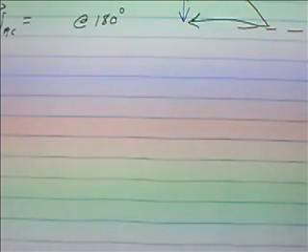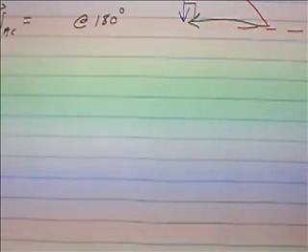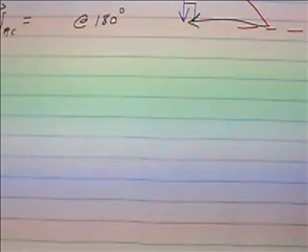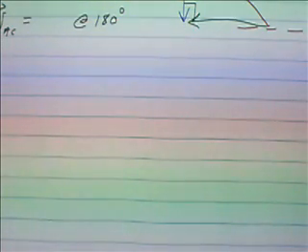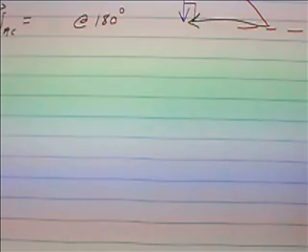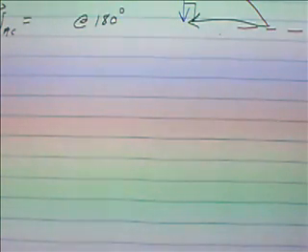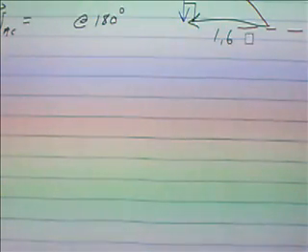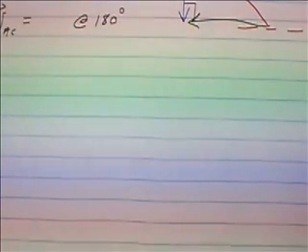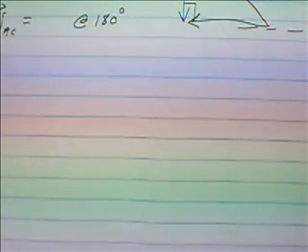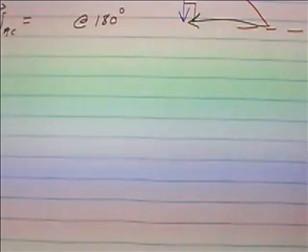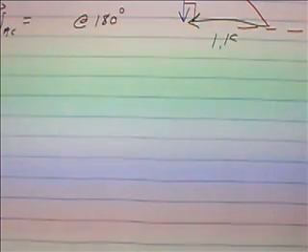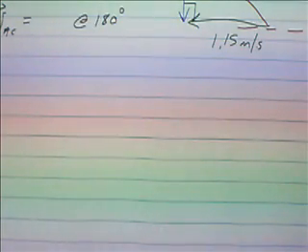We know the magnitude of the velocity of the river is 0.8 relative to the ground, and so we can use the Pythagorean theorem to solve for the other side of the triangle, which tells us that she's moving 1.15 meters per second relative to the shore.